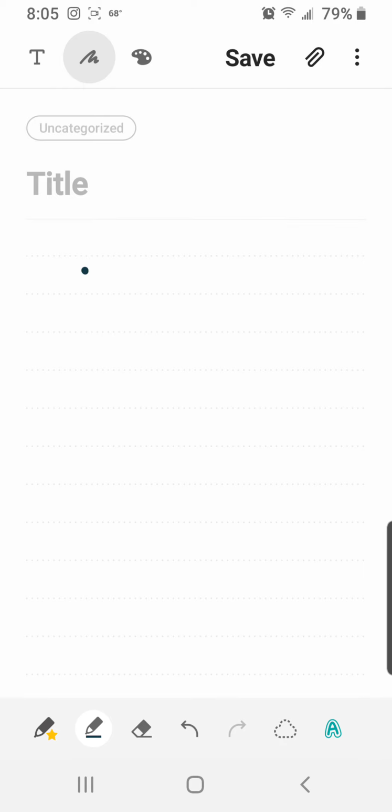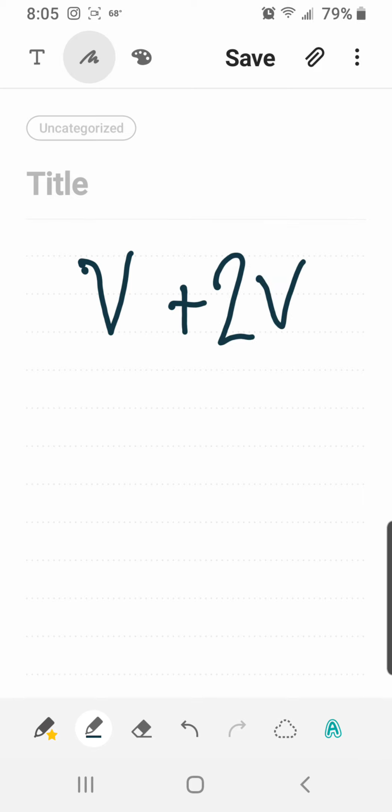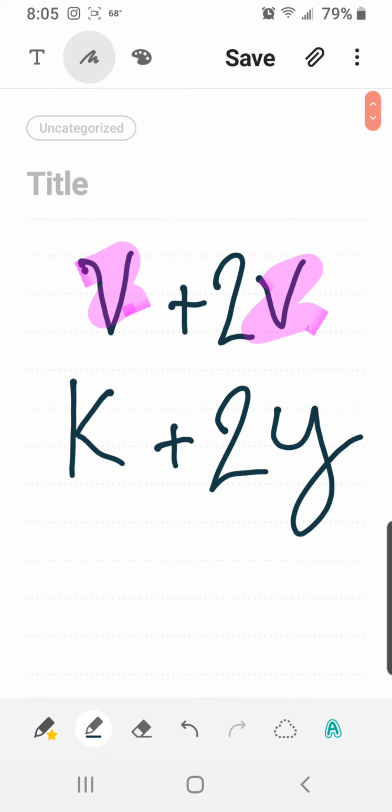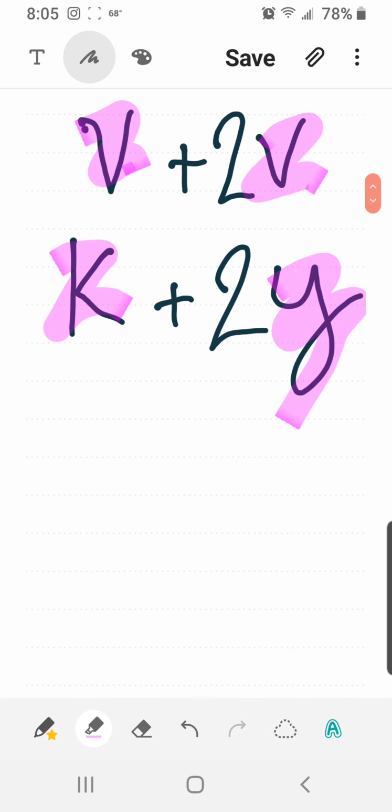So if we have two terms that have the same variable, that is a like term. However, if we have two terms where the variable is not the same, those are not like terms and we can't combine it.